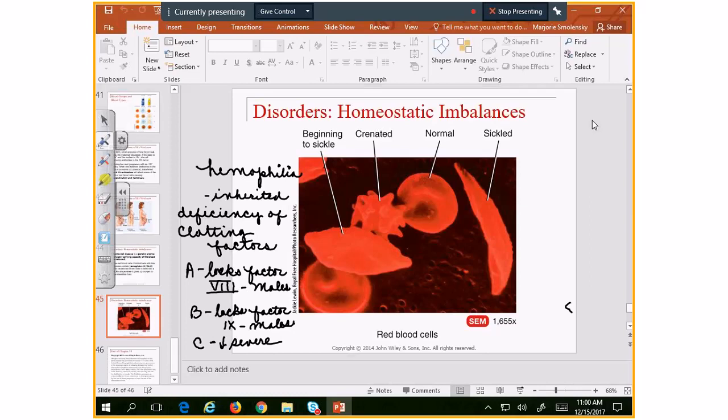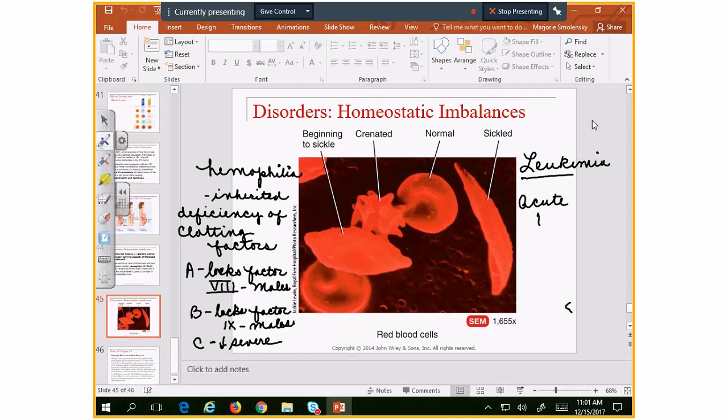The other disorder that I want to bring to your attention is leukemia. There are two different kinds, acute and chronic. Since we have this prefix leuc, we are looking at white blood cells. So we have acute leukemia. Acute leukemia is an uncontrolled production of immature leukocytes. And so we have a crowding out of the normal red bone marrow cells by the production of immature white blood cells.